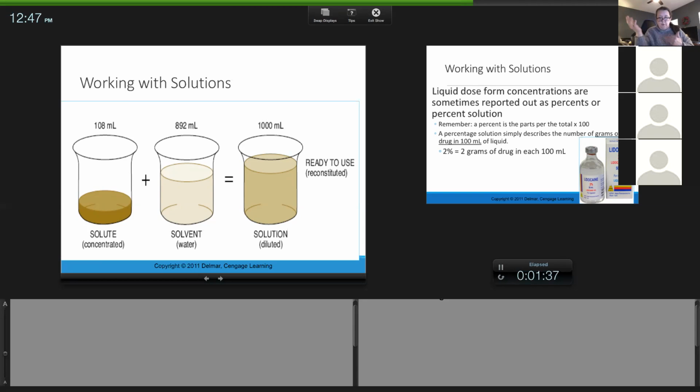If you need 40 mils and you have to add 20 mils of drug, you're going to pull out 20 mils from that bottle and add 20 mils of drug. So that's just telling you, when you work with solutions, you're going to have an end volume. You need to subtract from the end volume whatever you're going to add to it, so you don't go over that defined amount.